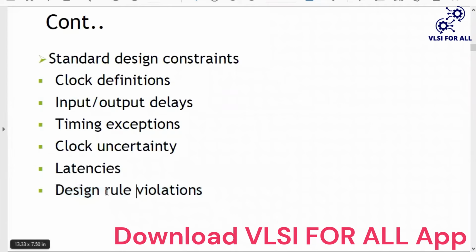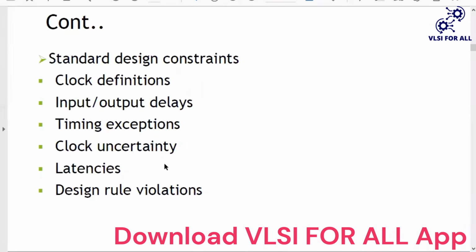Every tech node also can use some DRVs in the design, so those DRV values are also there. DRC will be different, DRV is different. DRV is design rule violation, DRC is design rule check. DRVs we can always see in PD and SD.